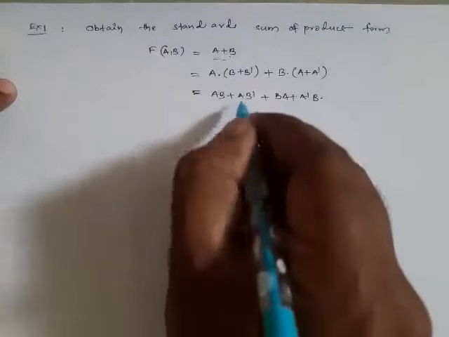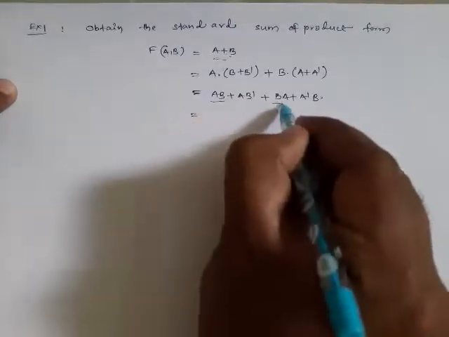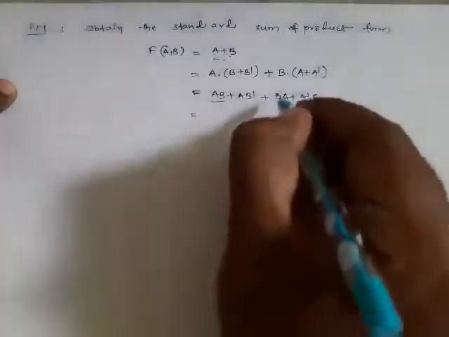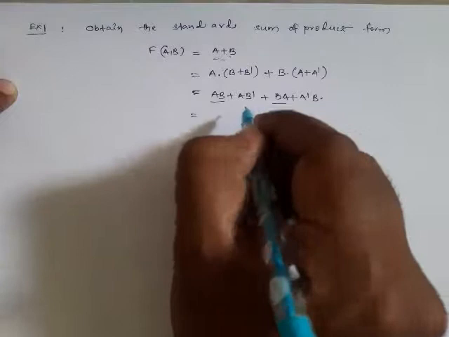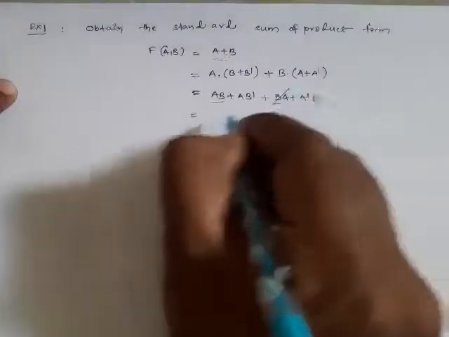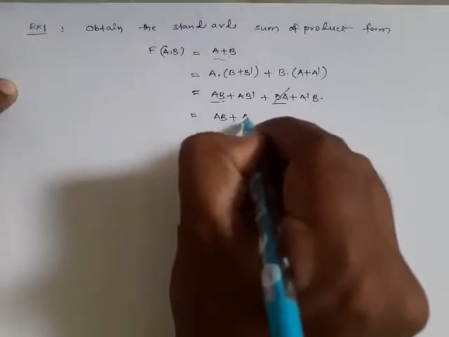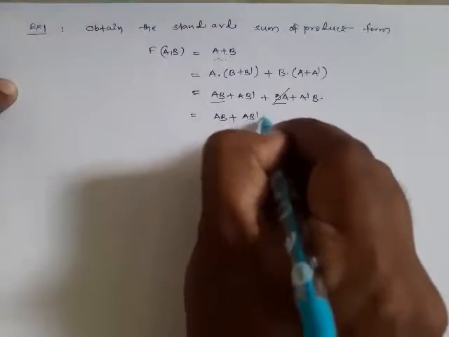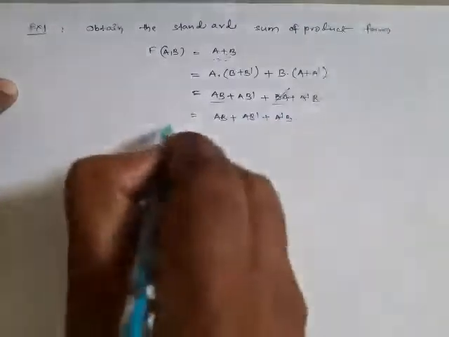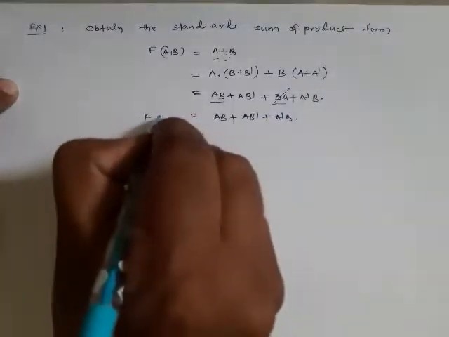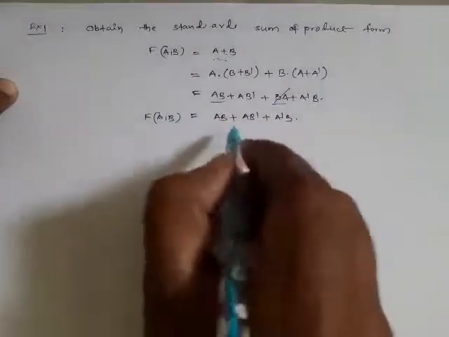And here you can see that this is a redundant or repeated term. Since a plus a equals a only, you can neglect one, and you can write this as ab plus ab bar plus a bar b, and this is the function f.